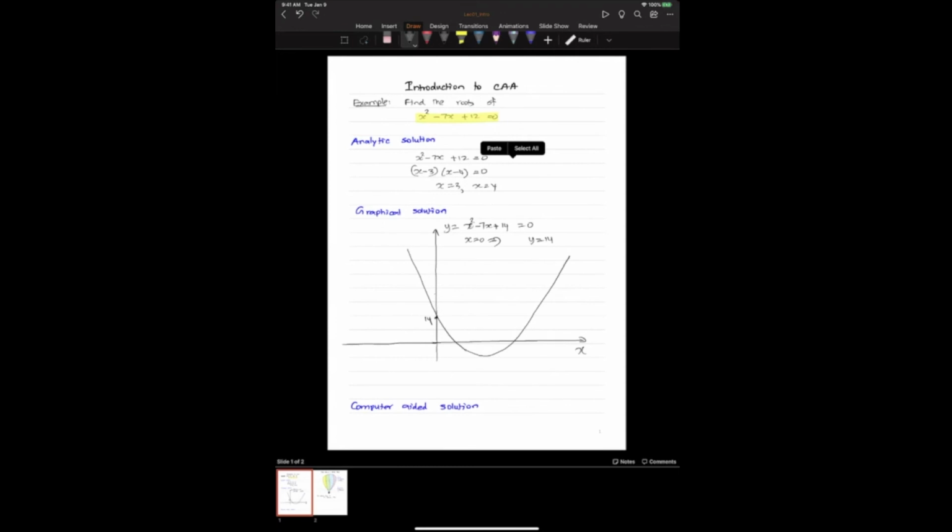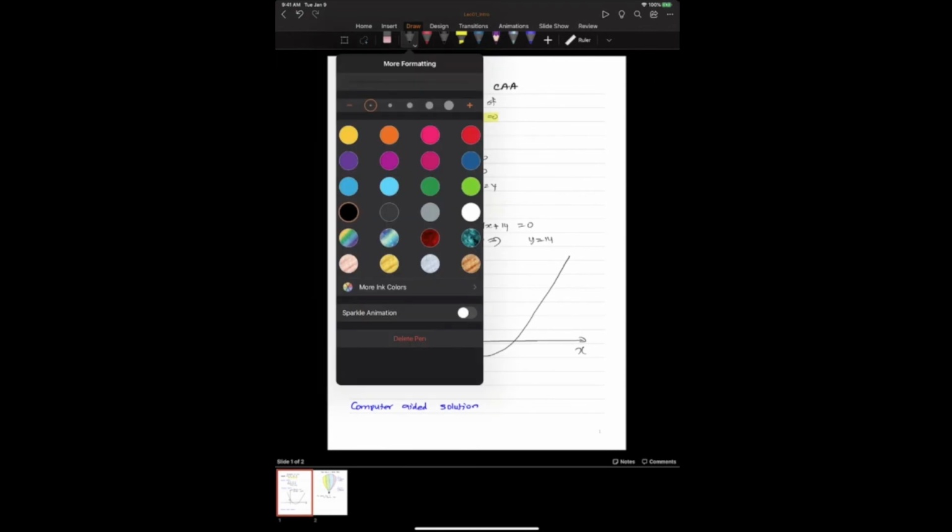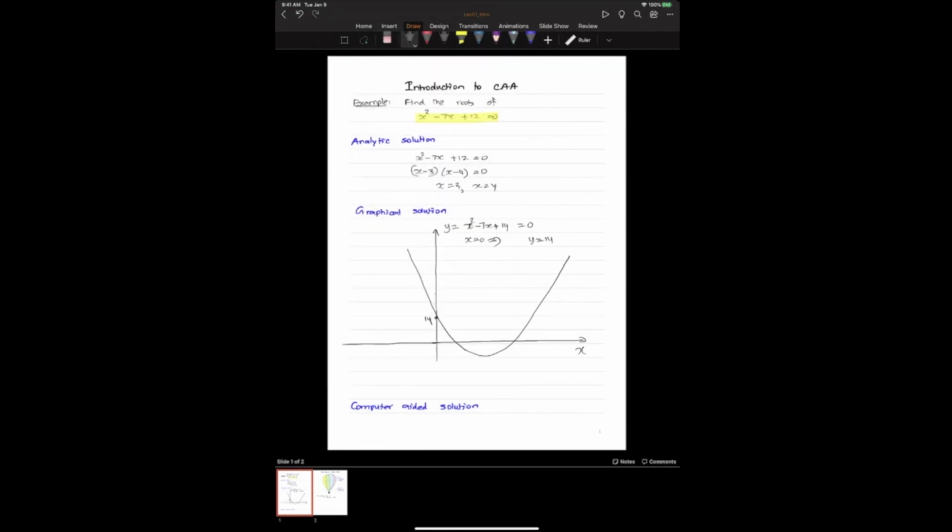So how would I sketch this? Well, I will assign some points for x. You don't need to know y. I will just select some x values. So basically, I will create a table of xy points.